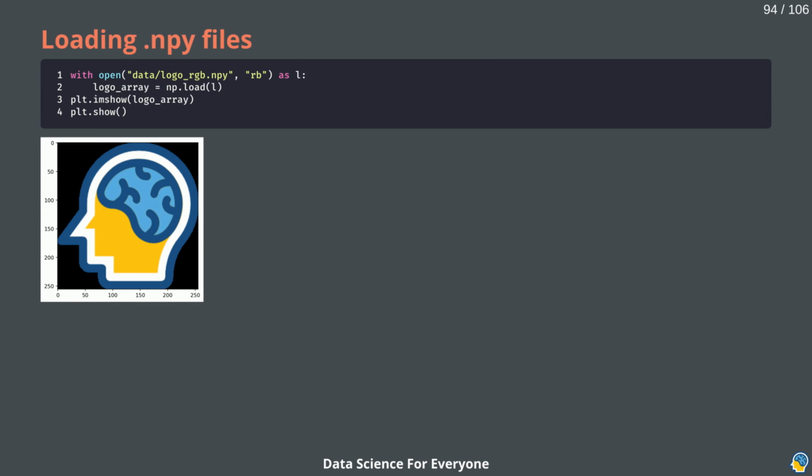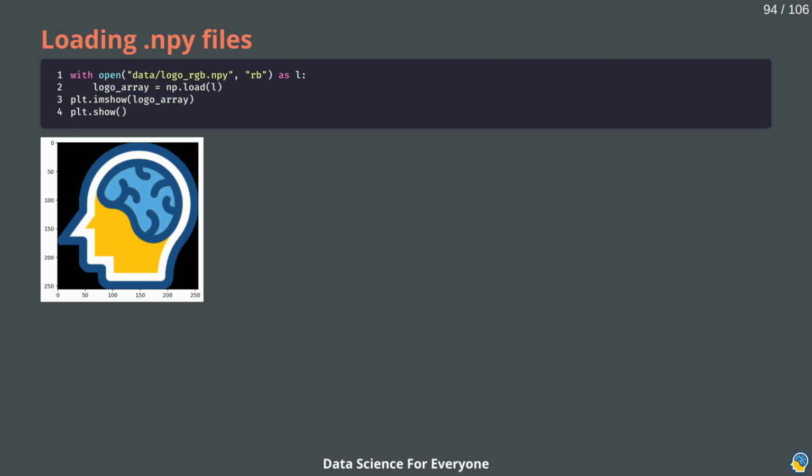Let's load an RGB array stored in a .npy file and visualize it. While arrays can be saved as .csv or .txt, the npy format is the fastest and most space efficient. To load it, we use Python's open function with the mode set to rb for reading in binary.